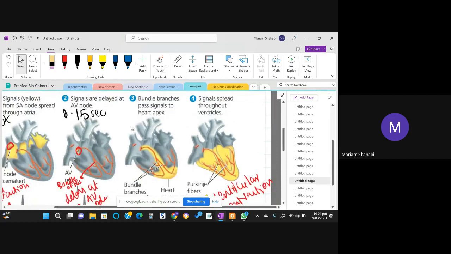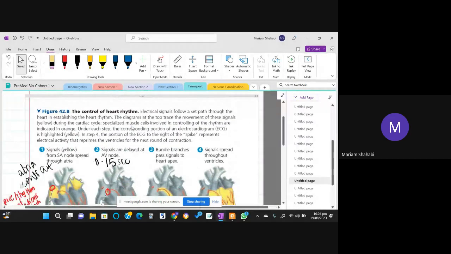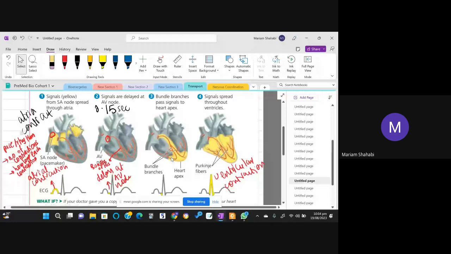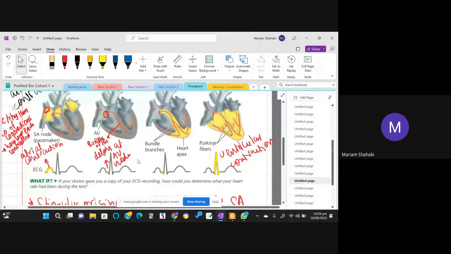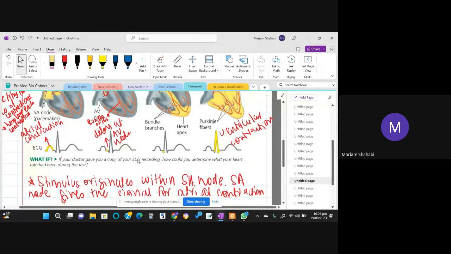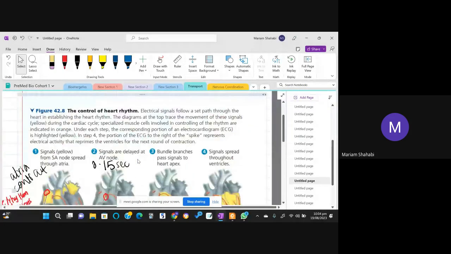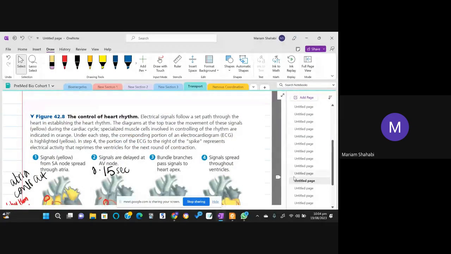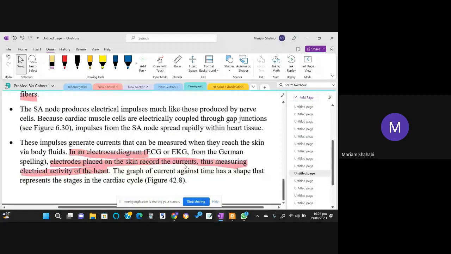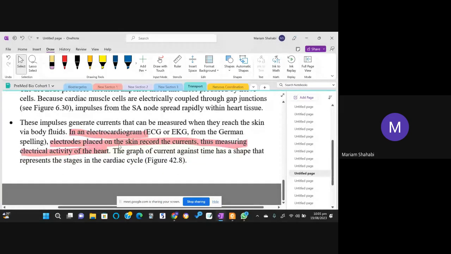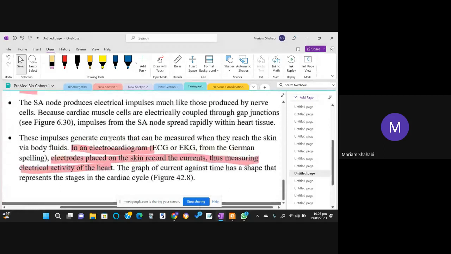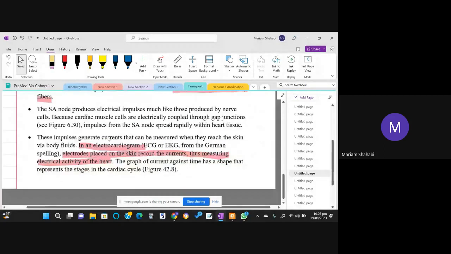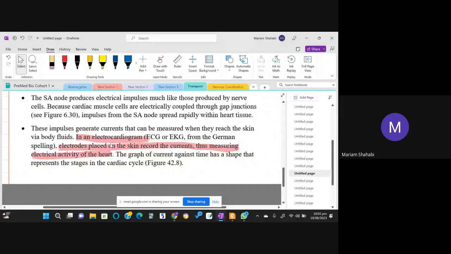Okay, now this electrical activity can actually be measured, and it is measured and recorded in a form known as the ECG or the electrocardiogram. In electrocardiography, if you are familiar with it, it's just a method in which electrodes are placed on the skin and currents are recorded.